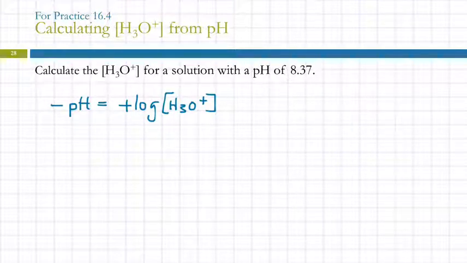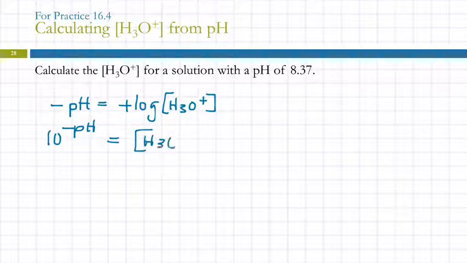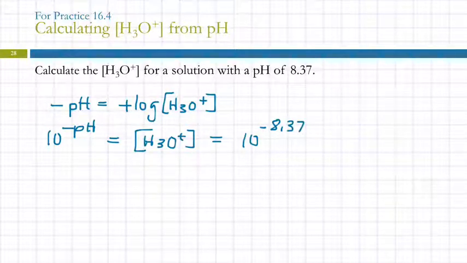And then to clear that logarithm, I'm going to take 10 to the x of both sides. So 10 to the negative pH is going to equal the hydronium ion concentration. So the hydronium ion concentration is 10 to the negative 8.37. We don't usually do decimal numbers as our exponents, but your calculator's fine with it. Just make sure to get the negative in there.